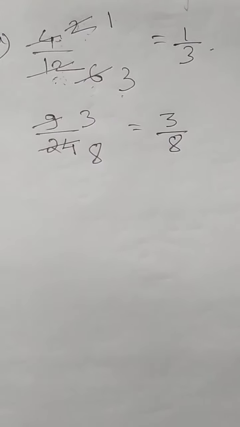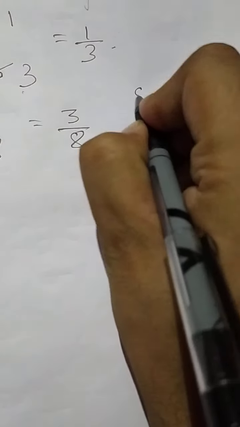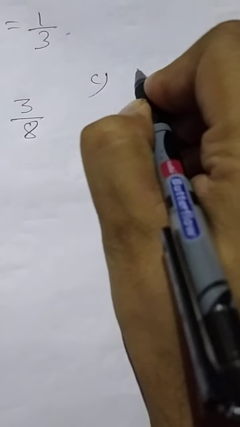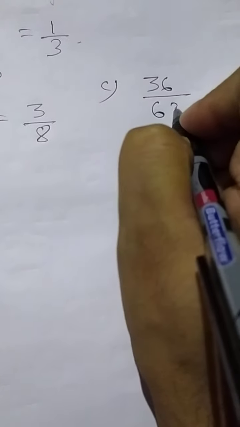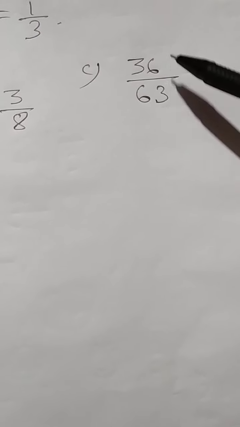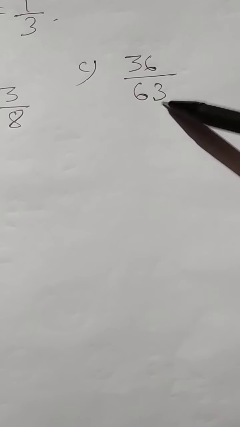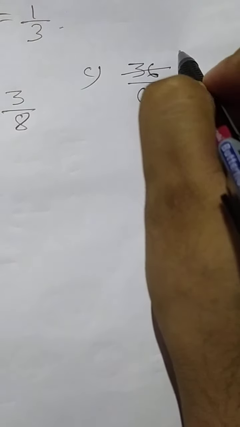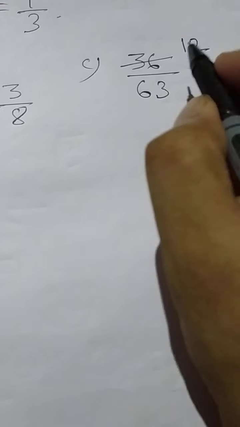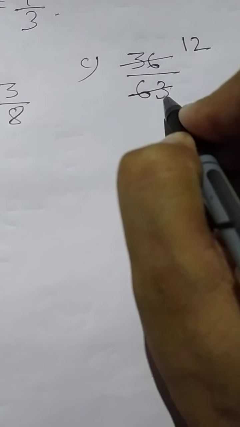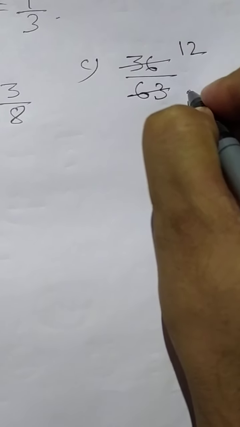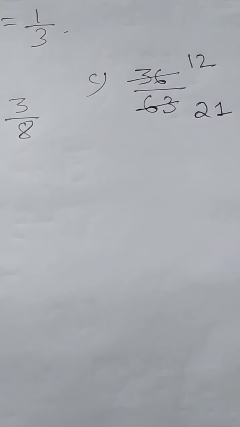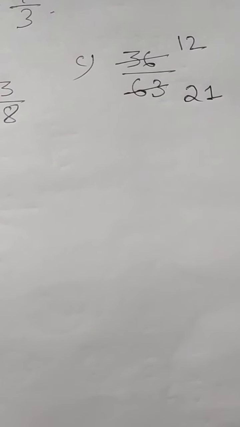Okay. Number C, we have 36 by 63. This one we have to do. Now this number we can cancel with 3, both numerator and denominator. So if you cancel 36 with 3, it will come 12. And this one, 63, if you cancel with 3, 3 2s are 6, 21. 12 by 21.